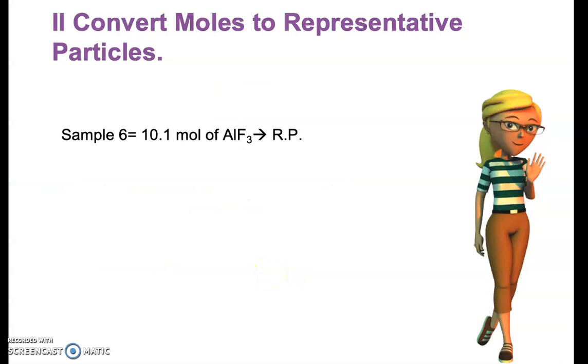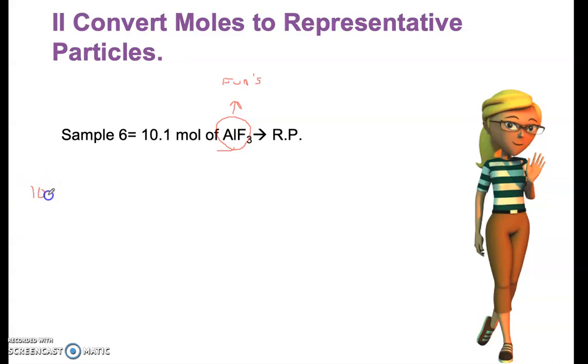Okay, all right, so we have this one. We have AlF3. This is our formula units, or we can say funds. Okay, so we want to go from mol to representative particle. So this one is pretty simple.